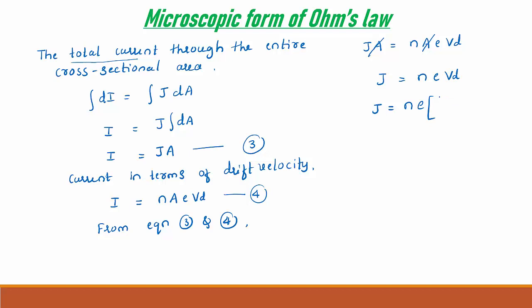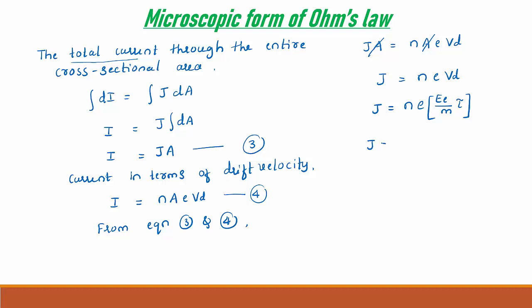The drift velocity Vd is given by the equation Vd equals E e divided by m into tau. What does tau indicate here? Relaxation time. So this is the expression for drift velocity.